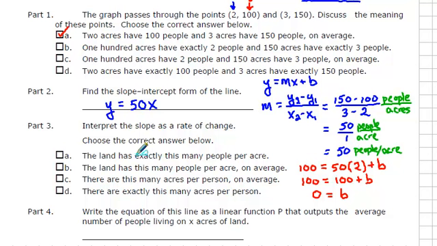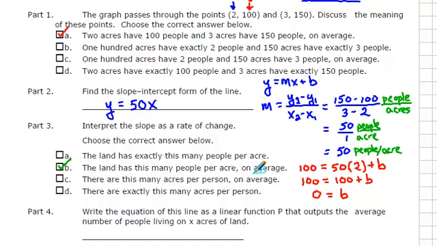Let's read through them until we find the one that matches. A says the land has exactly this many people per acre. Well, it doesn't have this many people exactly, it's on average, so A is not the correct answer. Part B says the land has this many people per acre on average. That's exactly what we've just been saying. So B is the correct answer for part 3.